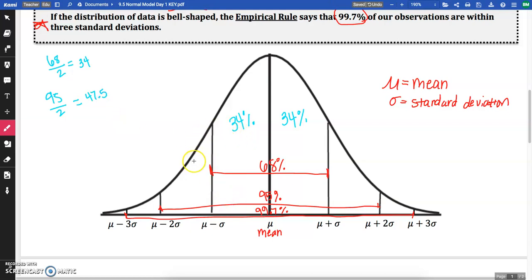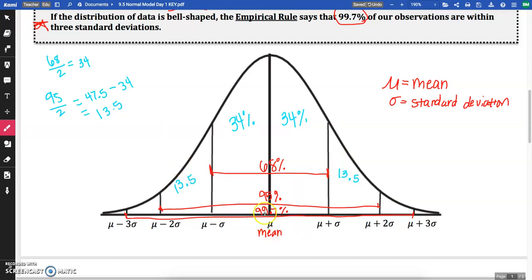That would be both of these columns together on each side, but I'm going to subtract what I already calculated. So that means I have 13.5% of the data in this little piece here and here.